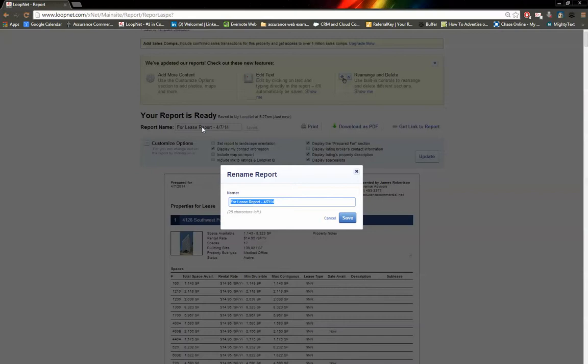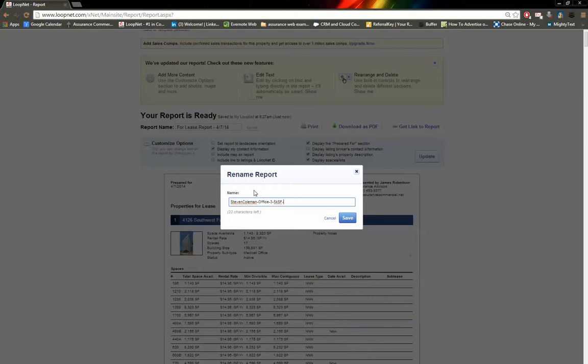So for the report name, we always want to put the name of the person, Stephen Coleman. We want to put the type of property, office. We want to put the square footage, and I say 3 to 5K square feet, which basically means 3 to 5,000 square feet.